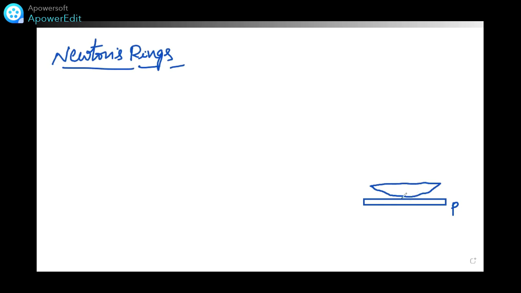Those are concentric around the point of contact between the lens and glass plate. The phenomenon was first described by Newton, which is why the rings are known as Newton's rings.